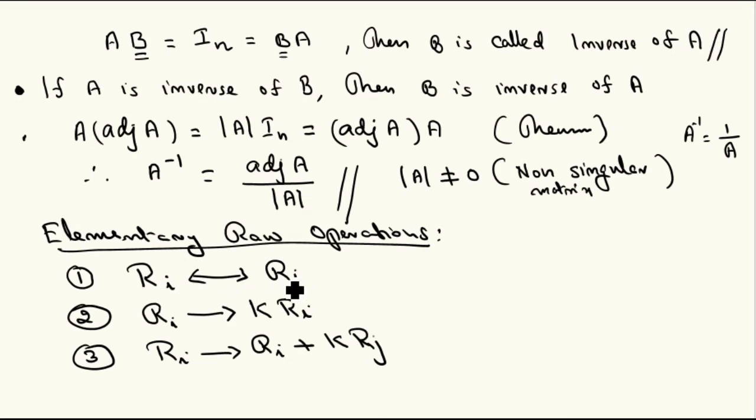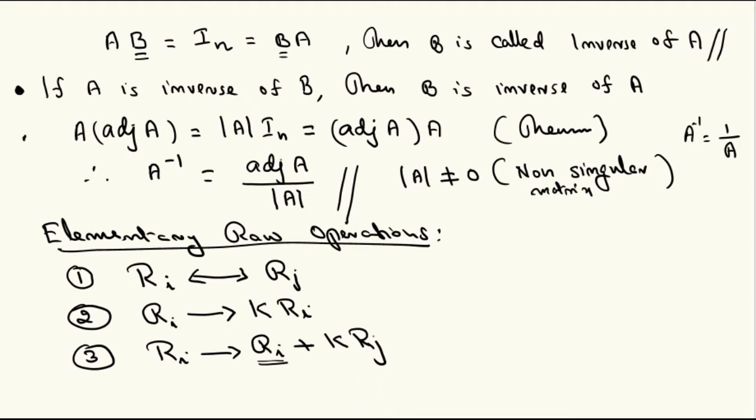So any two rows we can interchange. Any row can be multiplied with any constant. Third property, to any row Ri, we can add a scalar multiple of another row. So these are your three elementary row operations.